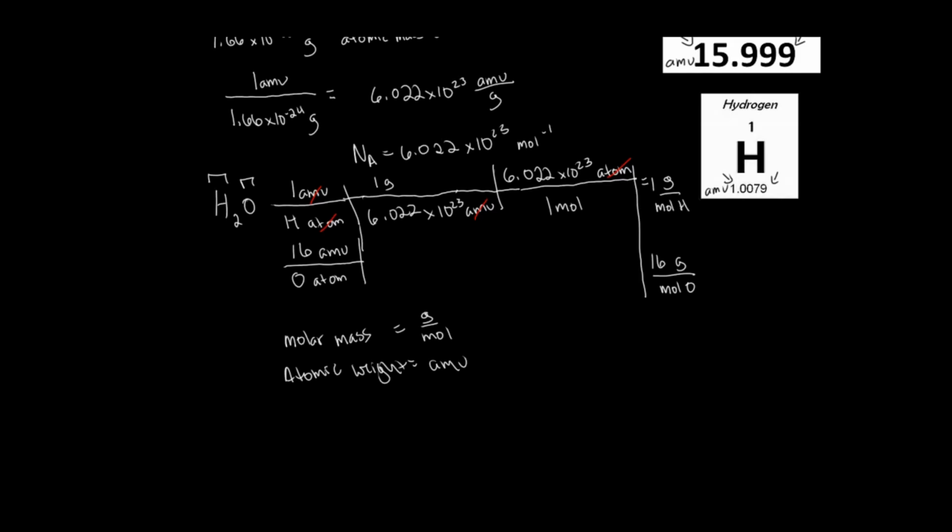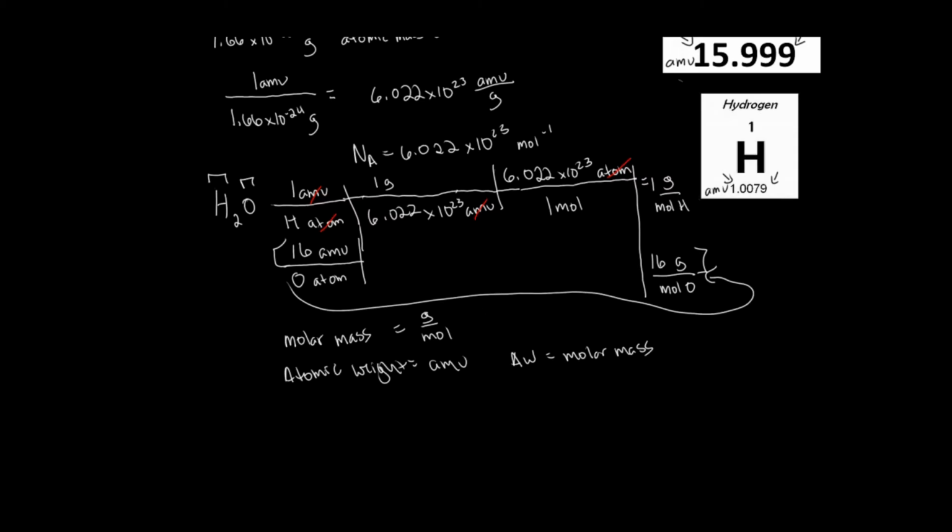But we can pretty much come to the conclusion that atomic weight is equal to molar mass. Based on what we saw here, the atomic weight, the AMU, is equal to the molar mass, because our AMUs transferred over into a molar mass.